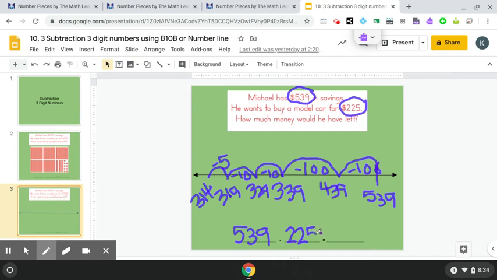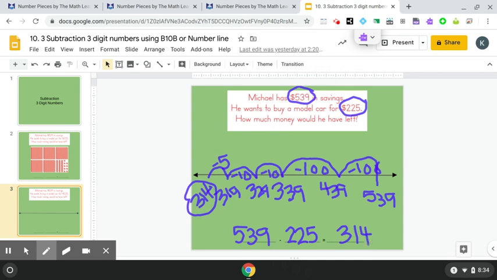And when we look at our number line, we started at 539. That was our total. We spent 225, and that left us with $314 remaining. That was the same total we got when we looked at our base 10 blocks.